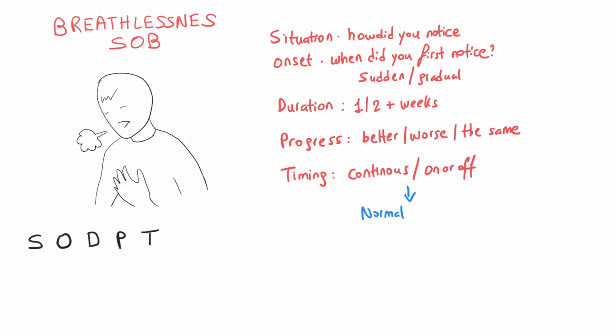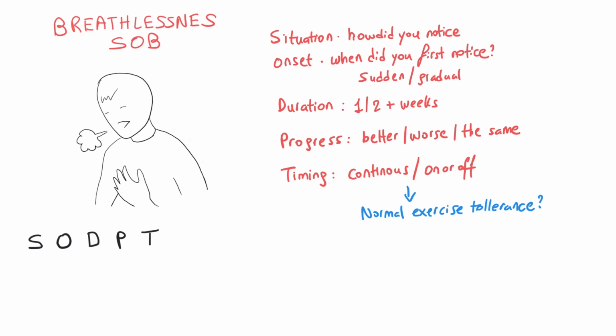So you can ask about the normal exercise tolerance. Most of the time shortness of breath will occur with exercise, but sometimes a patient will present with shortness of breath without exercise, and you need to have some differentials for that.